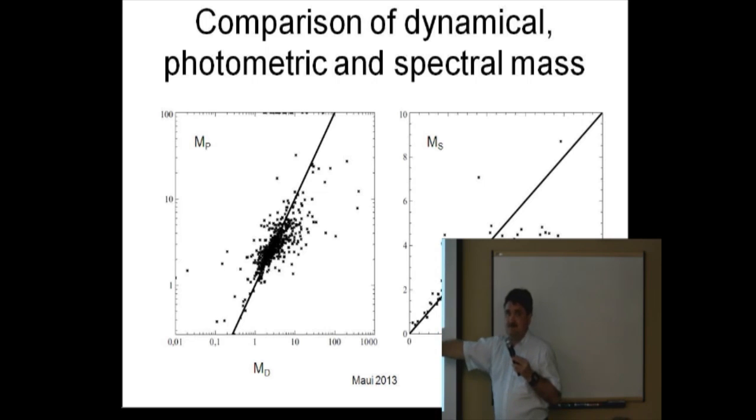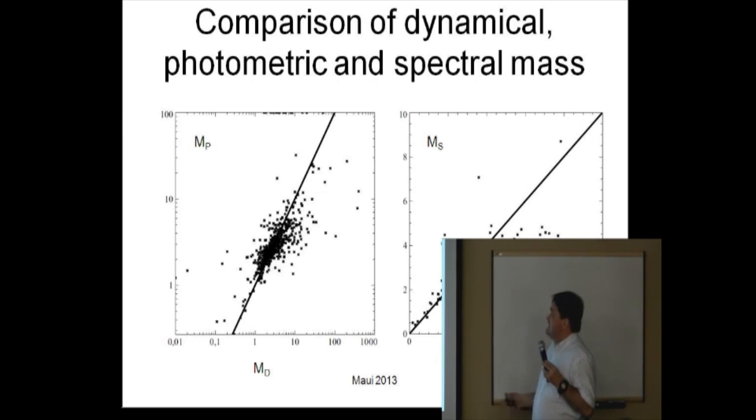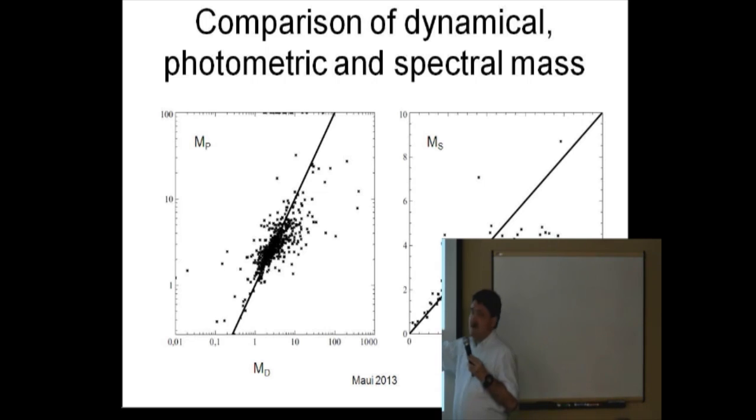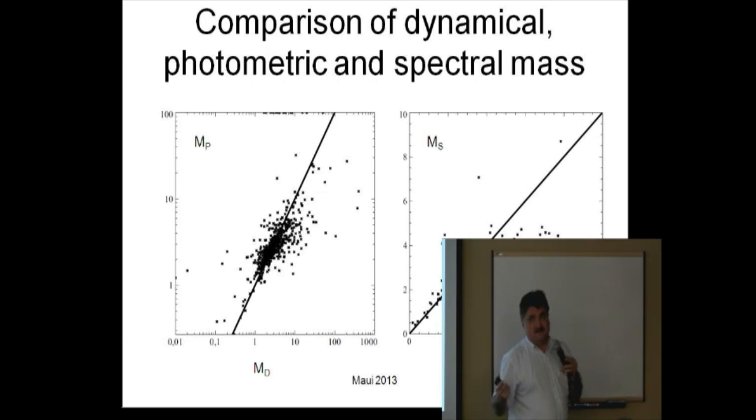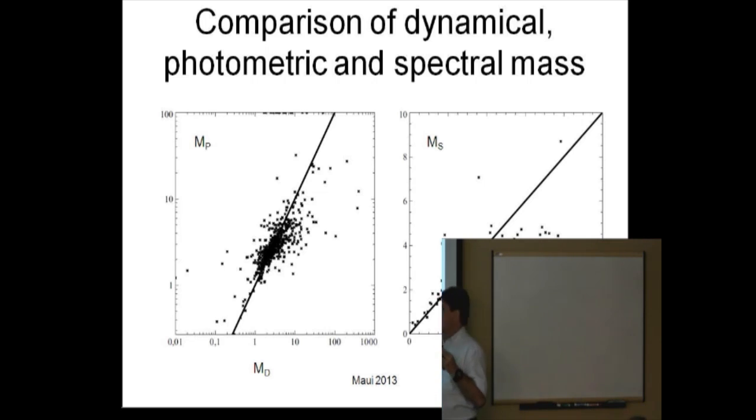The scale is different on these two view graphs, and the number of points is different as well. Here we have fewer points because we know spectral type not for all binaries, and only for those binaries can we calculate spectral mass. So looking at this diagram, we can choose points with strange behavior and study them more carefully.